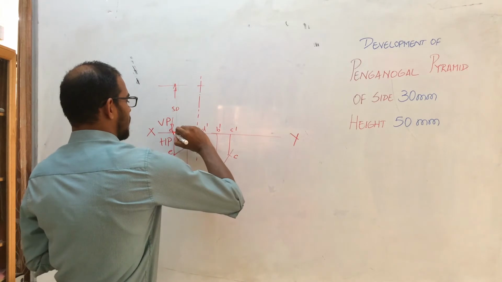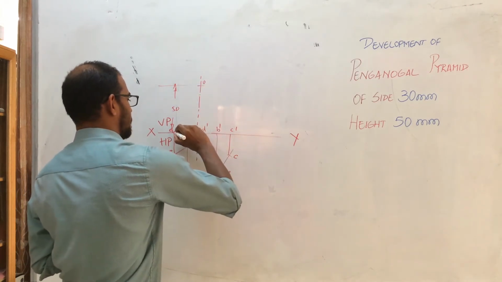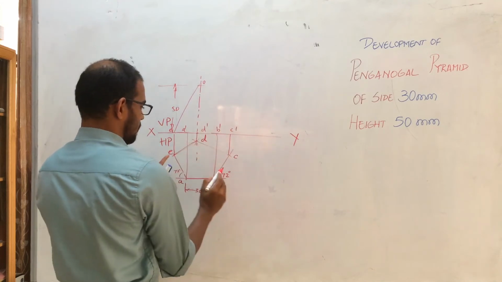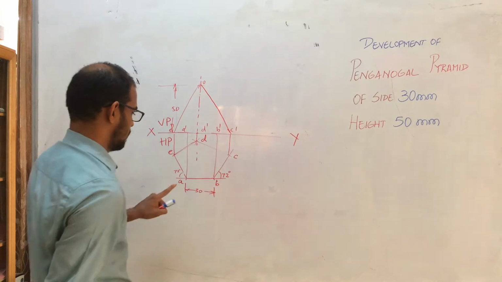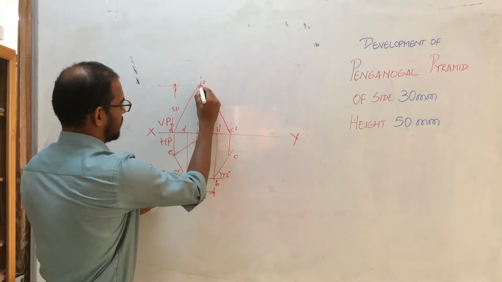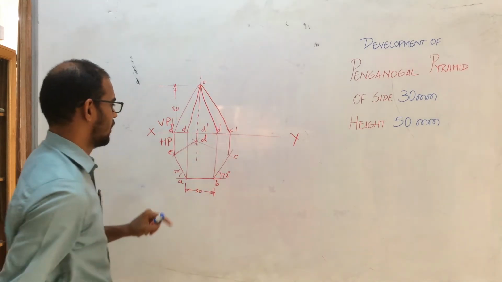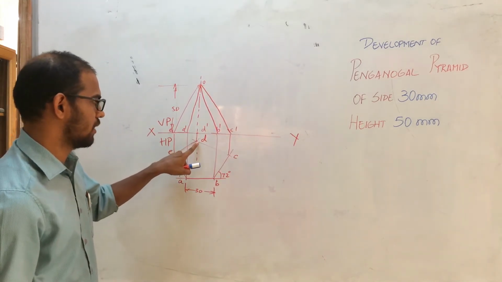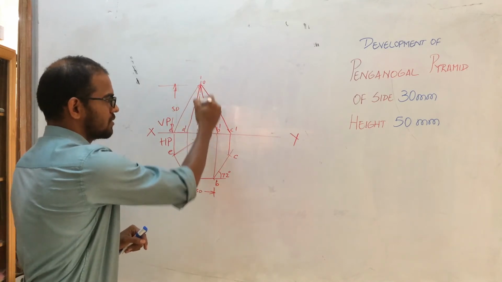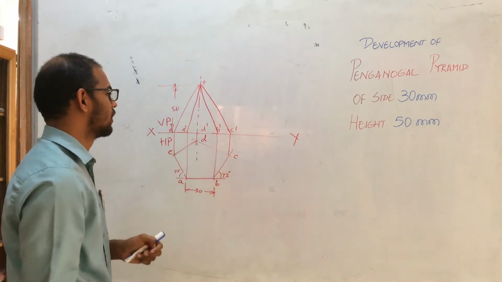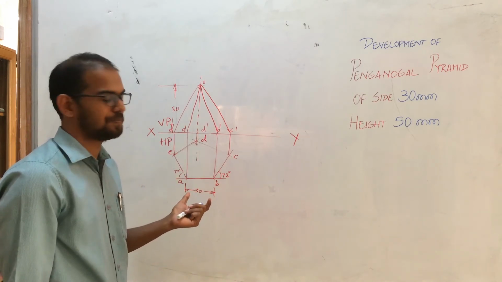Join these points A, B, C, D and E to this apex O. Because these lines are visible from the front, these 2 lines are also visible, so draw them as straight lines. This line is not visible, because it lies behind the axis of the pyramid. So this is the front view of the pentagonal pyramid.